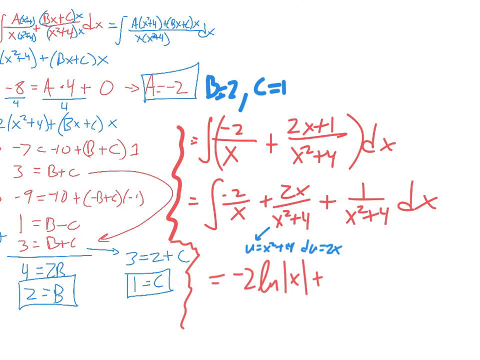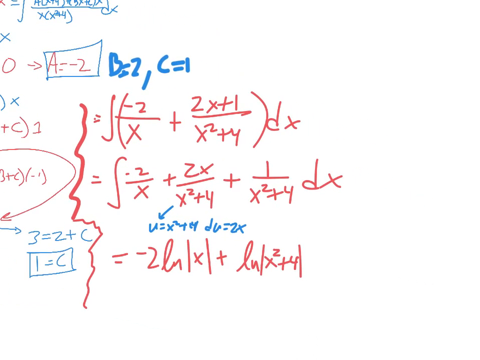It'll just be the natural log of x squared plus 4. Okay, and you can double check. Take the derivative of this, chain rule. Derivative of the inside is 2x. Derivative of the whole is 1 over x squared plus 4. All right, it's all there.